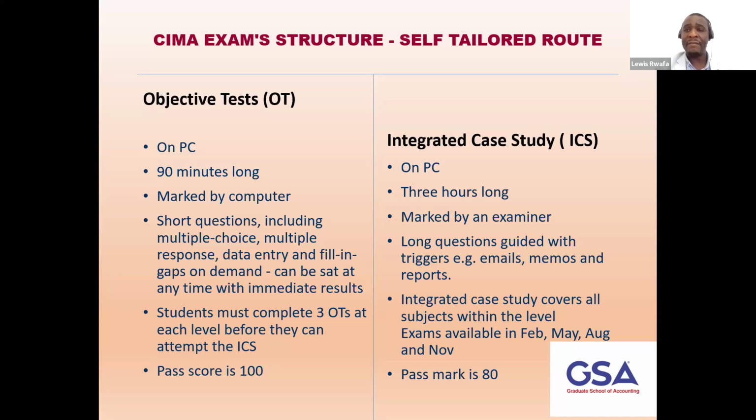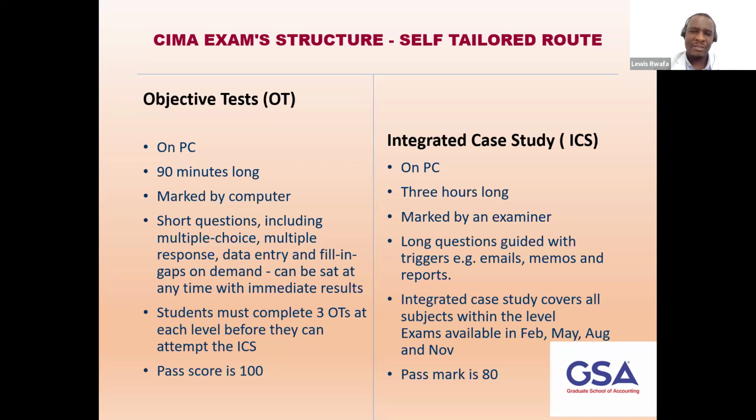Data entry is where you are given some numbers and you're asked to calculate, for example, depreciation. So you need to calculate and input the correct answer there. Or it could be fill in the gaps. Or it could be drag and drop, where you have to mix and match. Could be definitions with the terms, something like that. And so that's how the objective test setup works. Pretty easy.